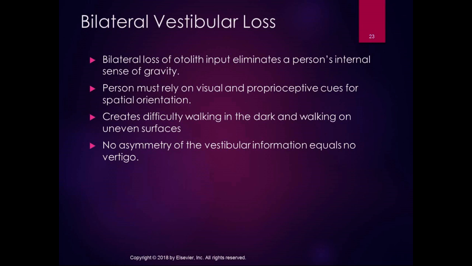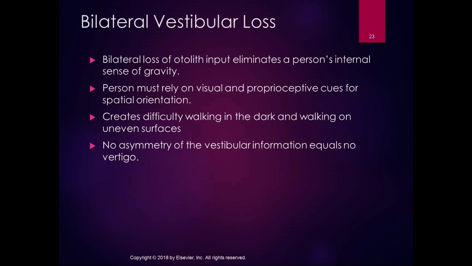I like to think of vestibular input, visual input, and proprioceptive input as being like a three-legged stool for balance. So if you take out one of those legs, the stool is unbalanced. Any one of them. So if you lose your vision, it's difficult to orient. If you have bilateral vestibular loss, you don't have that internal sense of gravity.